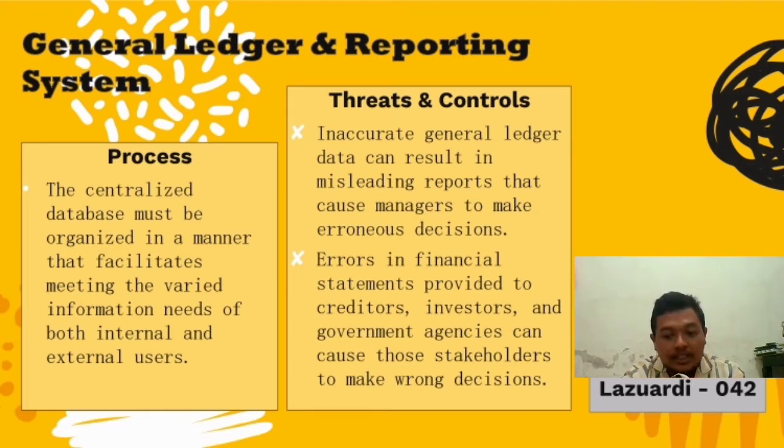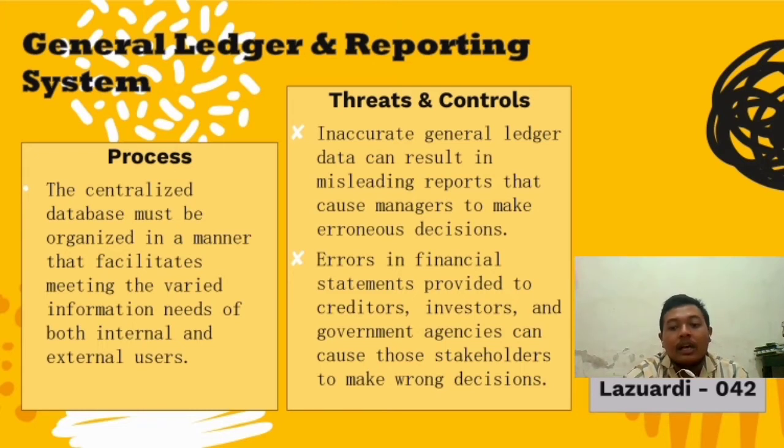In addition, errors in financial statements and reports provided to external stakeholders can also result in fines and negative reactions from the capital market. There will be lots of threats from the activities that happen in the company.